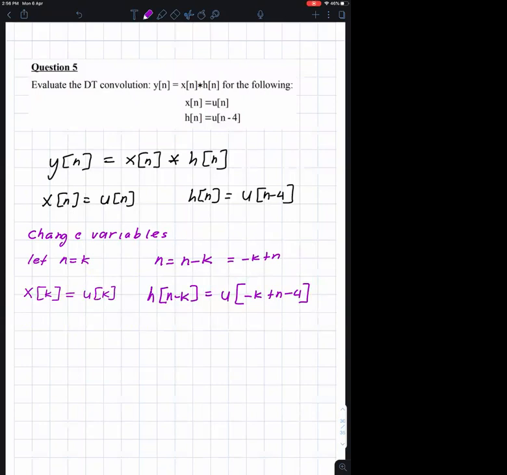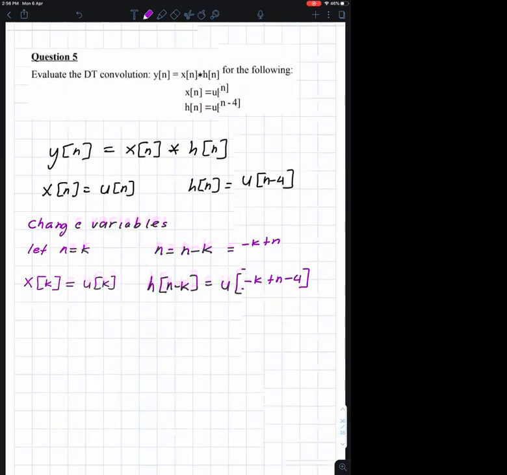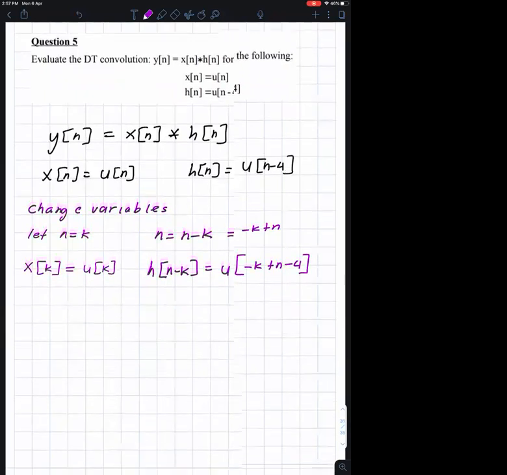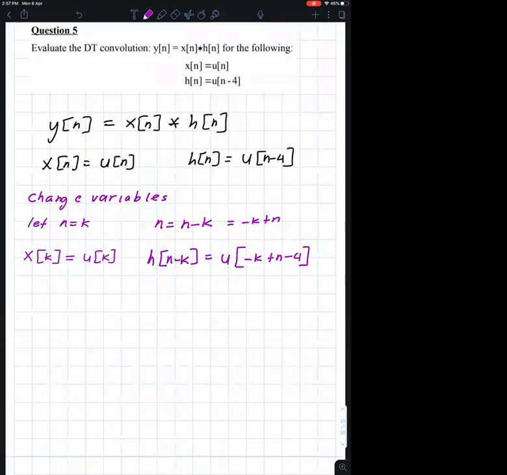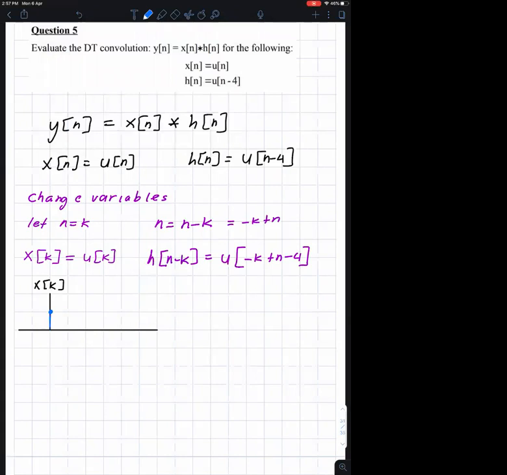First you sketch x[k]. x[k] is a discrete signal that starts at k equal to 0 and goes up to infinity.